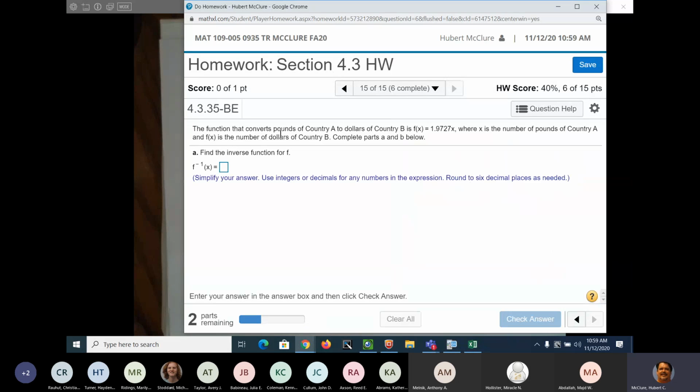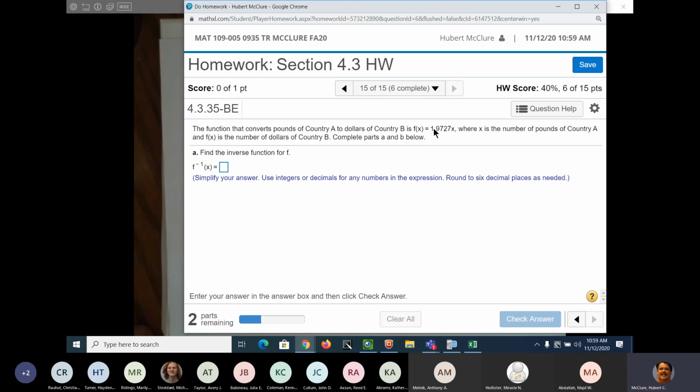A function that converts pounds of country A to dollars of country B is given, where x is the number of pounds of country A and f of x is the number of dollars of country B. Find the inverse of f.